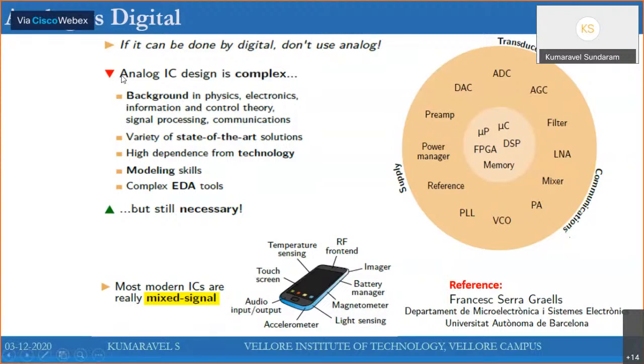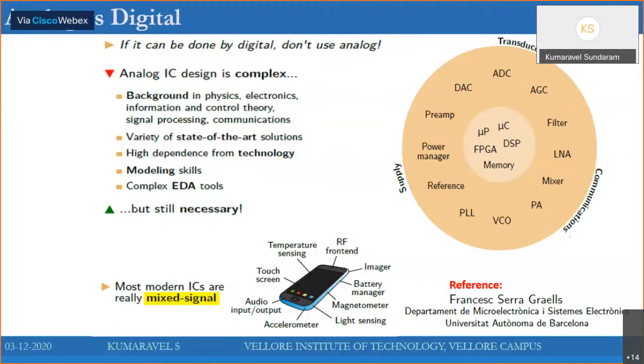Coming from that understanding, analog IC design is complex, and we should have a background in physics, electronics, information and control theory, signal processing, and communication. All these concepts we should understand well, along with a variety of state-of-the-art solutions. Based on the need, analog circuits can be modified, and it is highly dependent on technology. We should have modeling skills and expertise in EDA tools also.